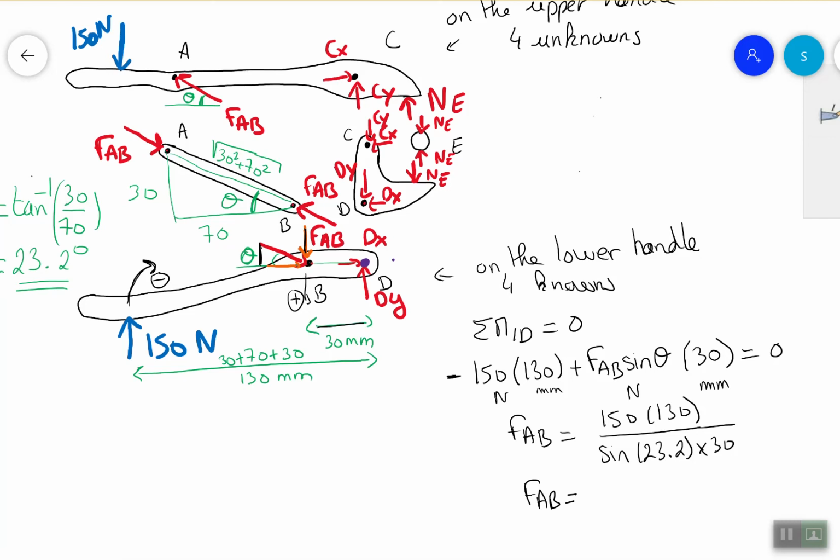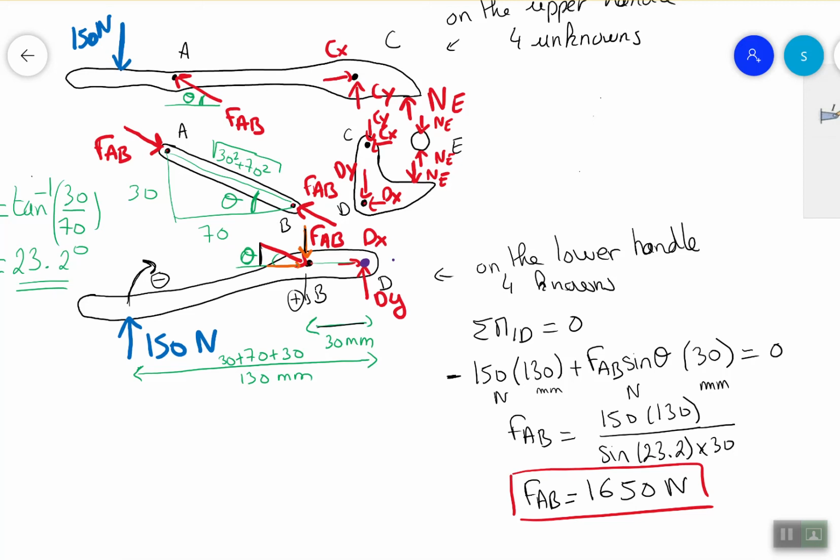Make sure to use millimeters everywhere. So it's 1650 Newton. See how much is that? That's a lot compared to, we multiply by 10 the force between the force on the handle and the force inside these two force members.